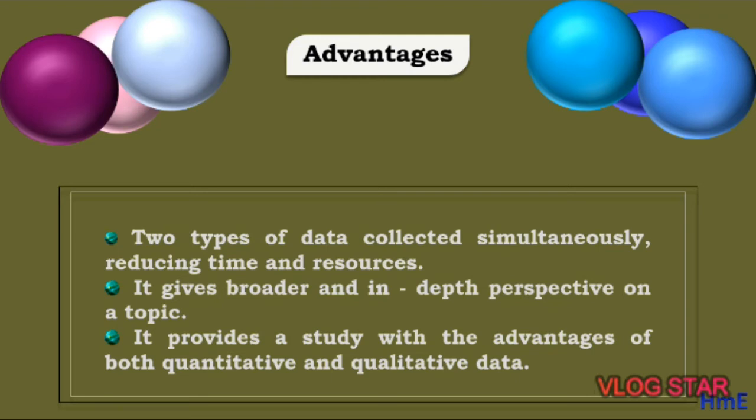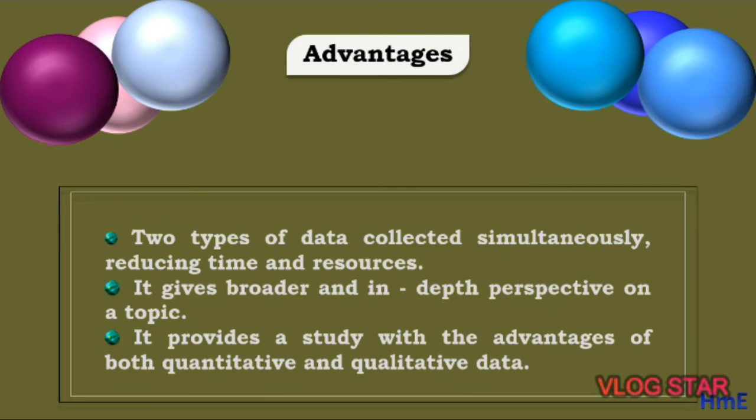Third, it provides a study with the advantages of both quantitative and qualitative data. So the first one: it needs less time as data are collected simultaneously, or concurrently, or at the same time.